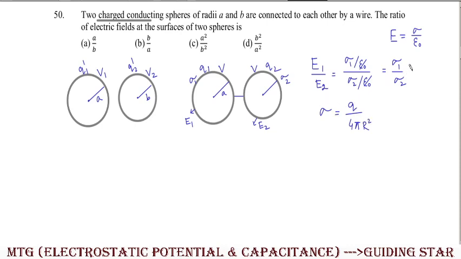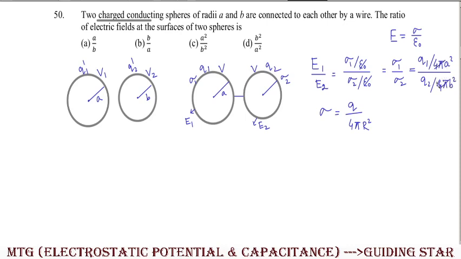So for the first conducting sphere, which has radius a, surface charge density sigma 1 is equal to charge stored, q1 upon 4 pi a square, all divided by the surface charge density of the second conducting sphere, q2 upon 4 pi b square.